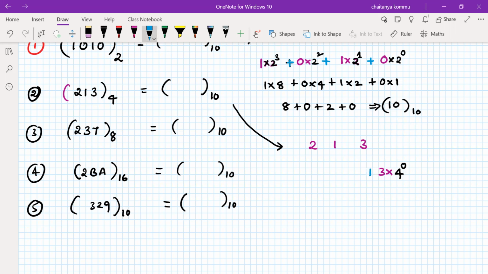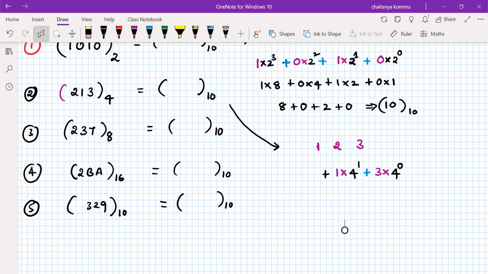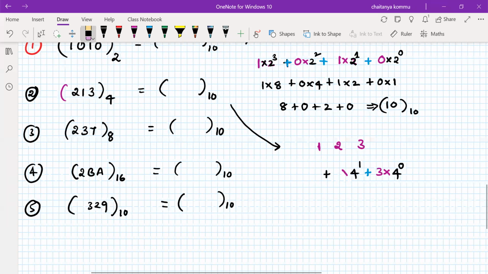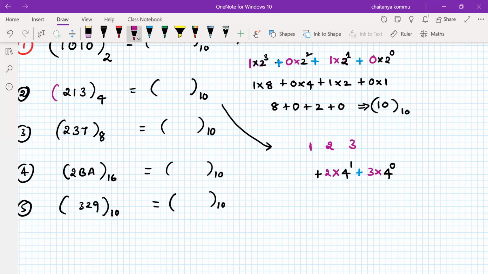Next, plus 1 is multiplied with 4 to the power of the first position, plus 2 is multiplied with 4 to the power of the second position.